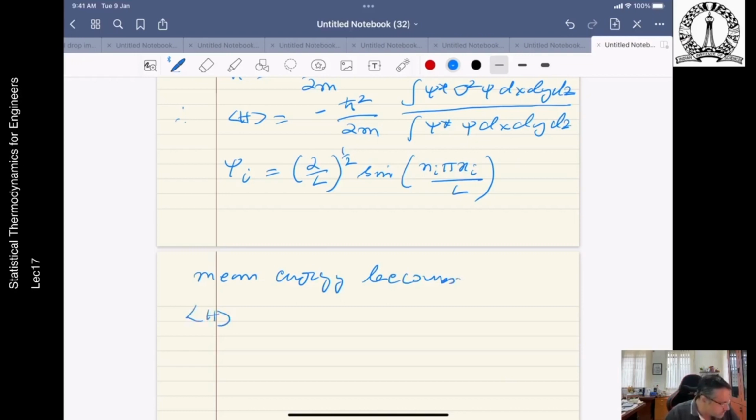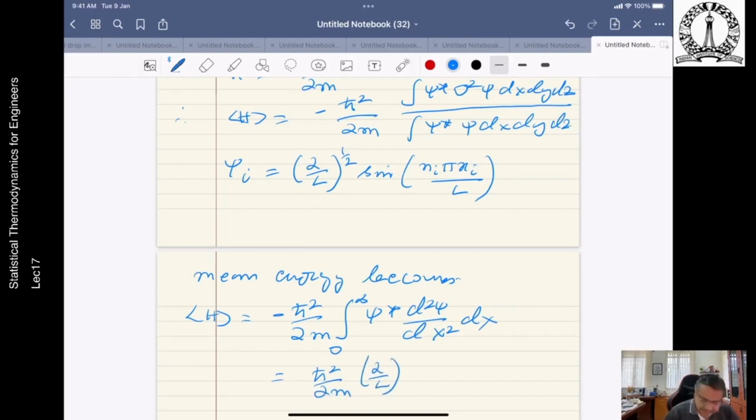H bar becomes equal to h bar squared by 2m times 2 by L times (n pi by L) squared, integral from 0 to L of sine squared (n pi x by L) dx.